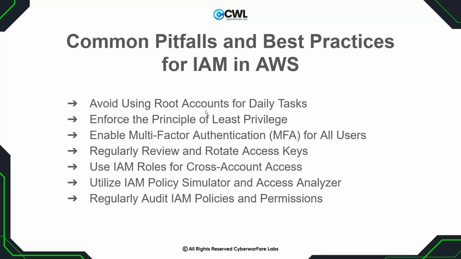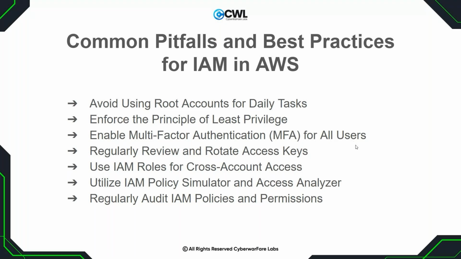Second, enforce the principle of least privilege. We have already seen what the principle of least privilege is. Ensure each IAM user, group or role only has the minimum permissions necessary for their job. Enable multi-factor authentication. We have already seen how to enable MFA in AWS for the user.